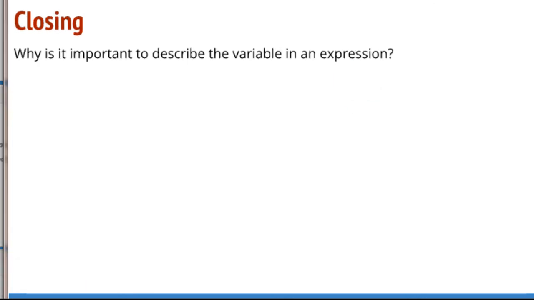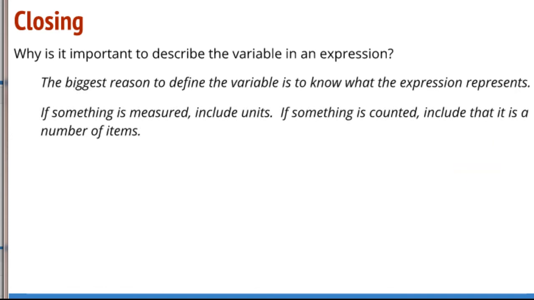All right, closing. Why is it important to describe the variable in an expression? Stop and think about that for a minute. Maybe discuss it with a neighbor, somebody around you if you can. I hope that it has been made sufficiently clear here that we really have to describe the variable so we know what we're talking about. Being very specific. We need to know what it represents.